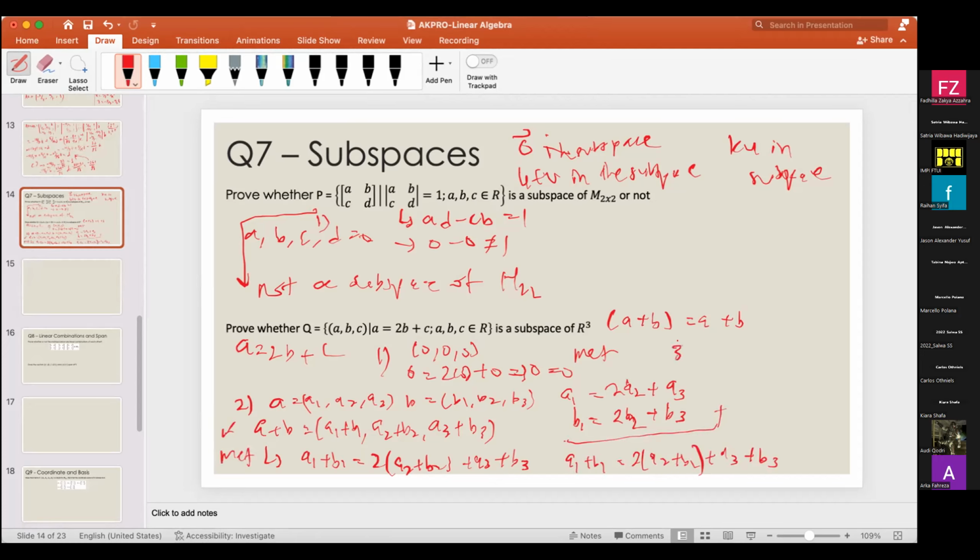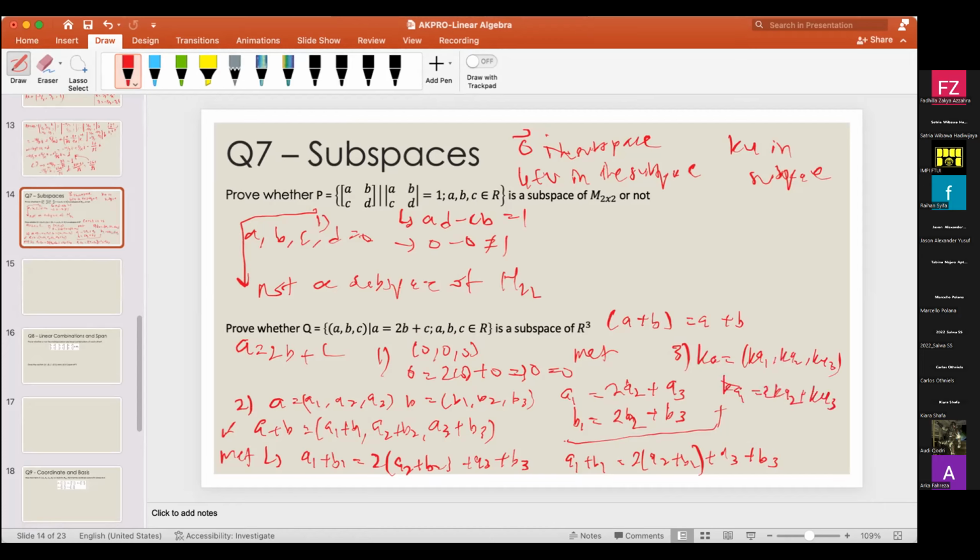The third criterion is the product of K. So let's try KA, which is equivalent to KA1, KA2, KA3. And let's put it into the equation. Will it be equivalent to this? So we have KA1 equals 2KA2 plus KA3.